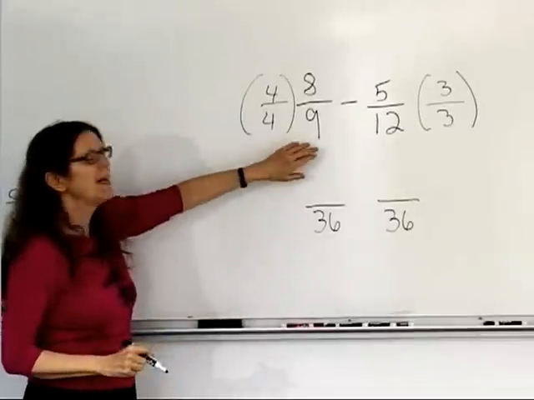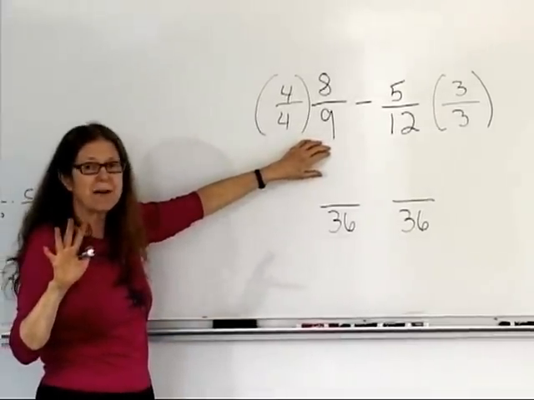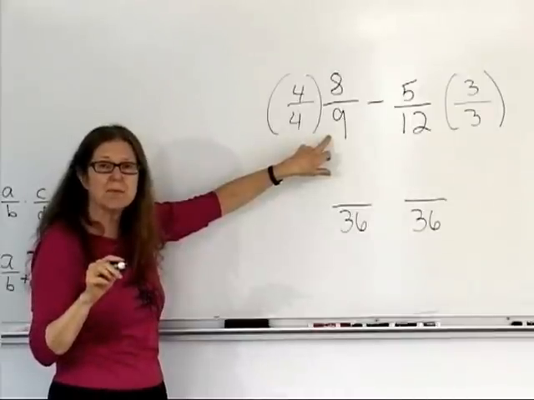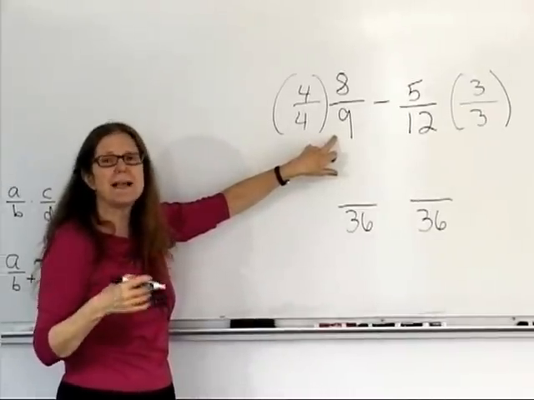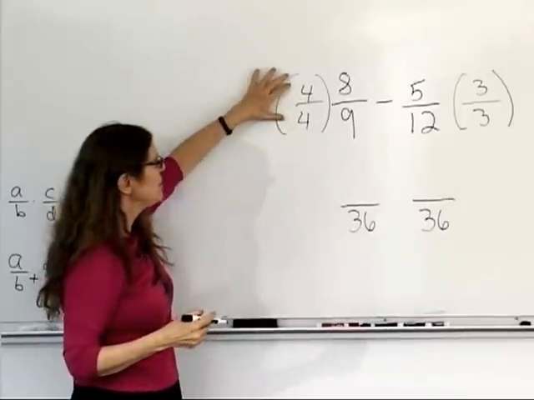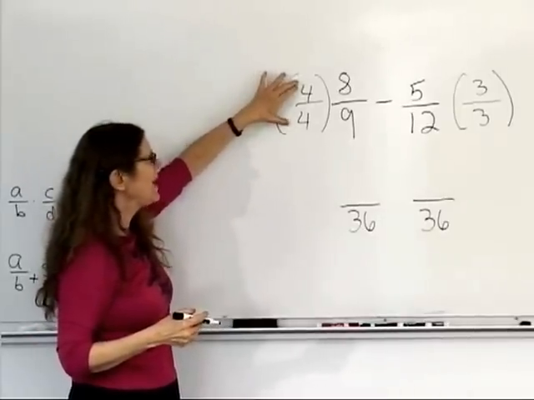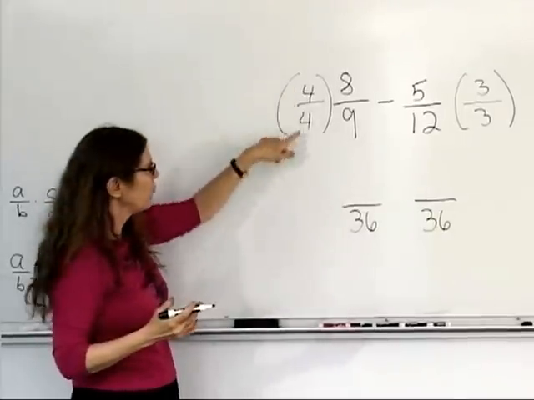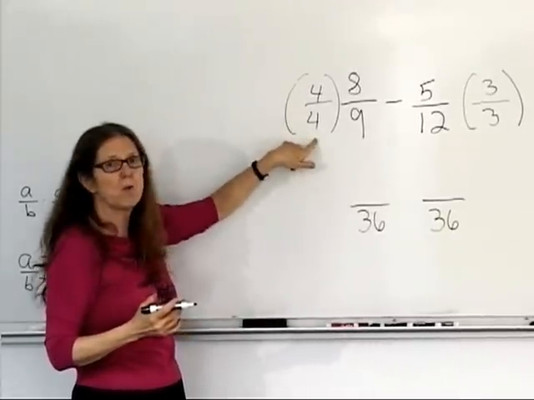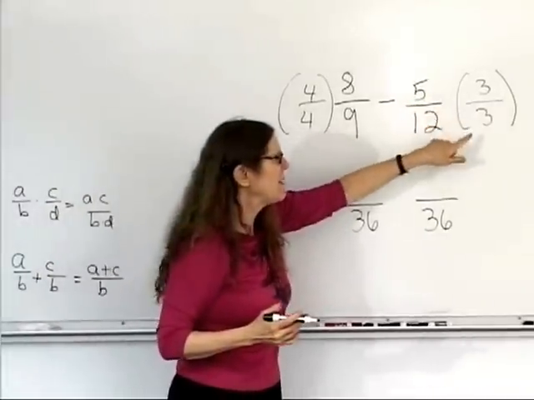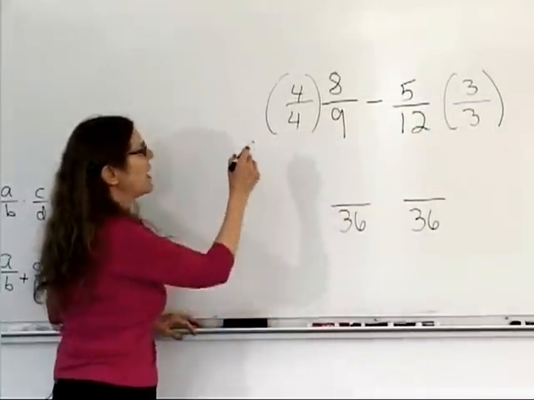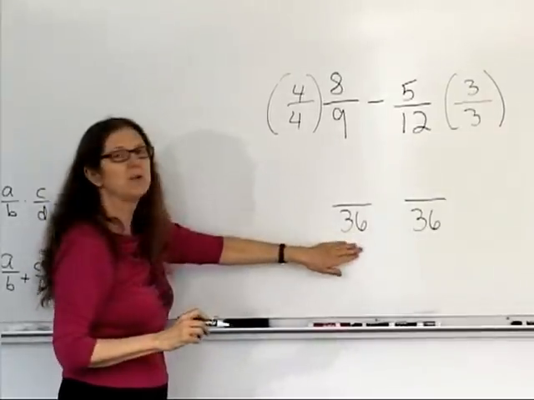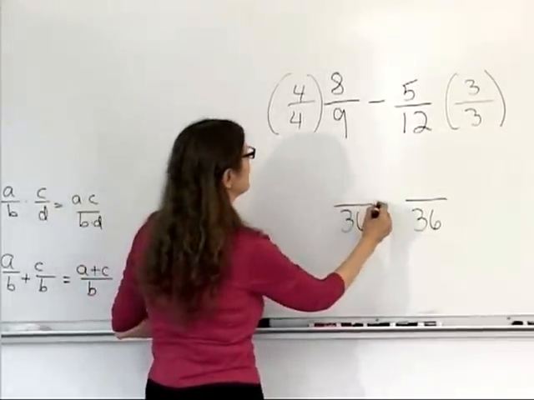Because as long as I multiply, or for that matter divide, the top and bottom of a fraction by the same number, the fraction remains equivalent in value. Because multiplying by the same number on top and bottom is essentially like multiplying by a form of 1. 4 divided by 4 is 1. 3 divided by 3 is 1. So I strategically chose a form of 1 to multiply each fraction by that will generate my common denominator.